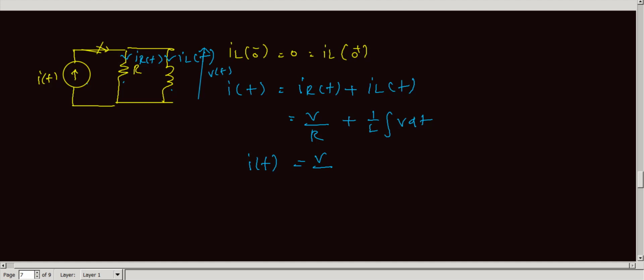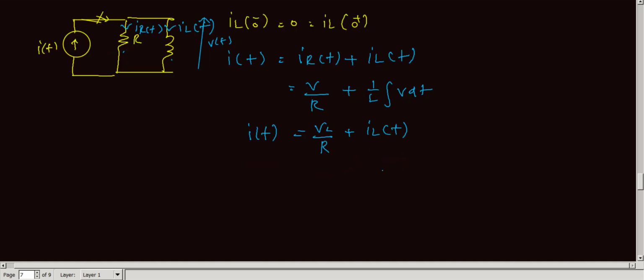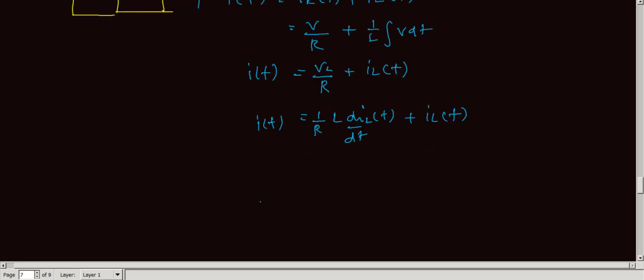So VL by R, I can write like this, plus IL of t. The voltage across the inductor and the voltage across the resistor is the same. I can write this as L by R into dIL of t by dt plus IL of t, that is I of t.